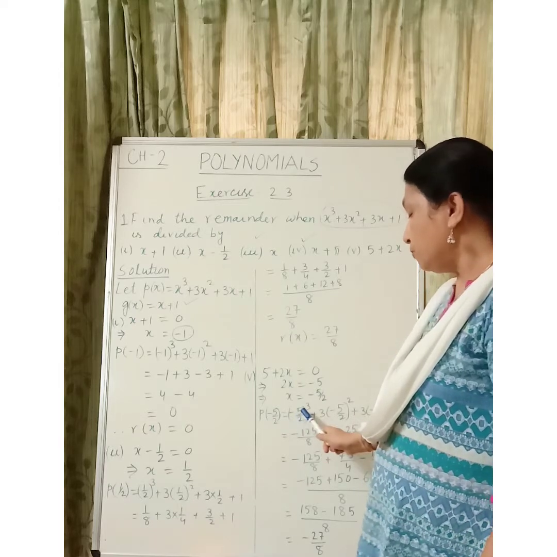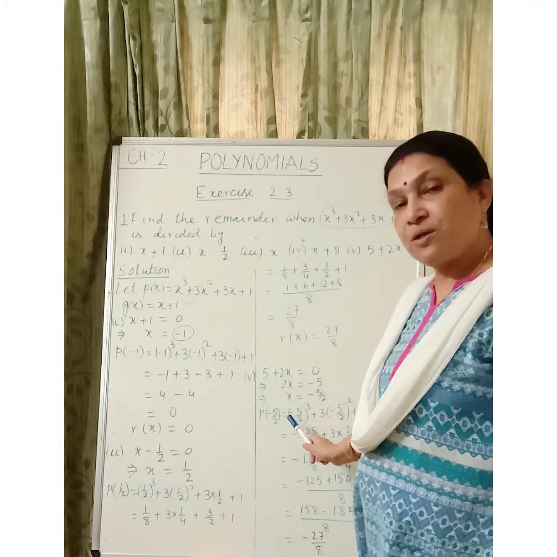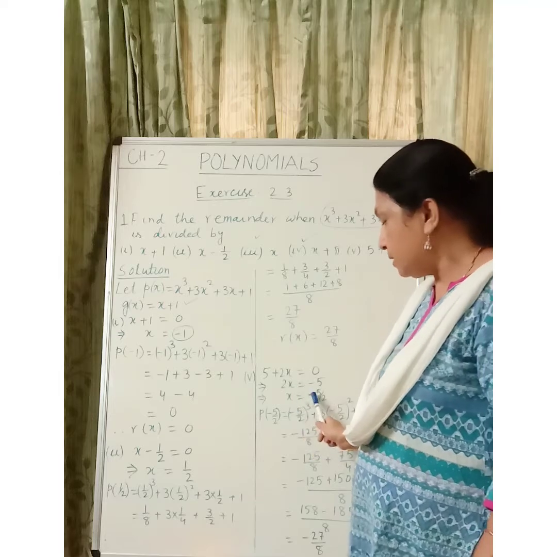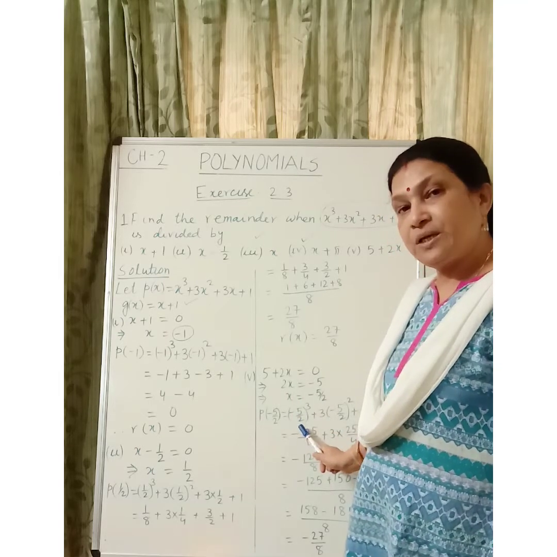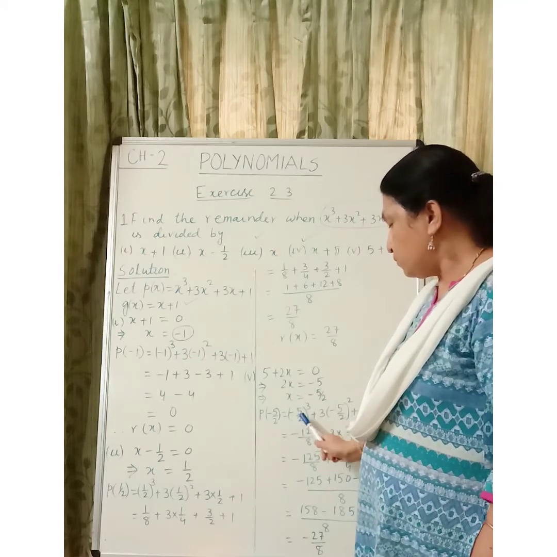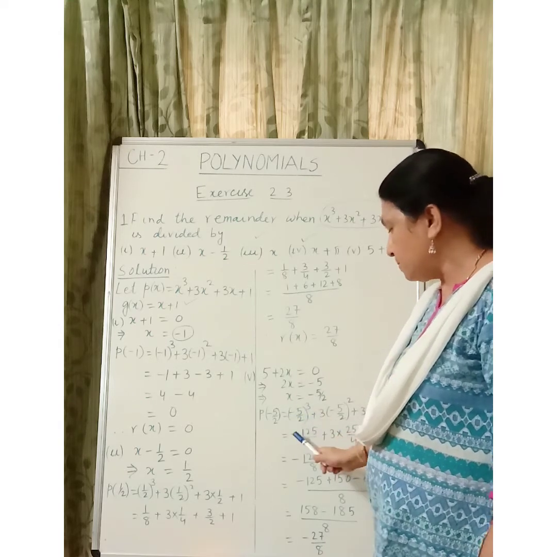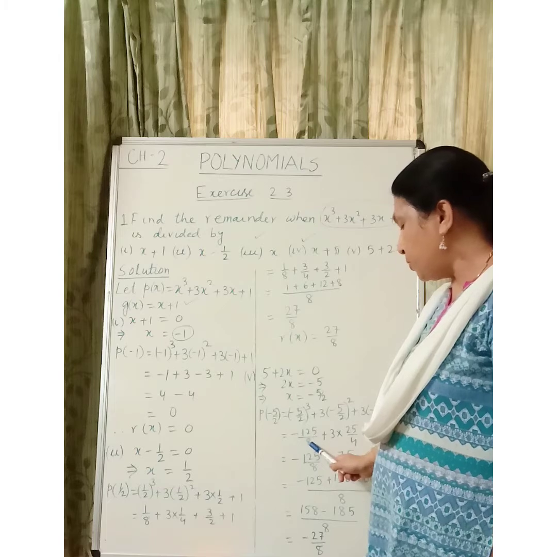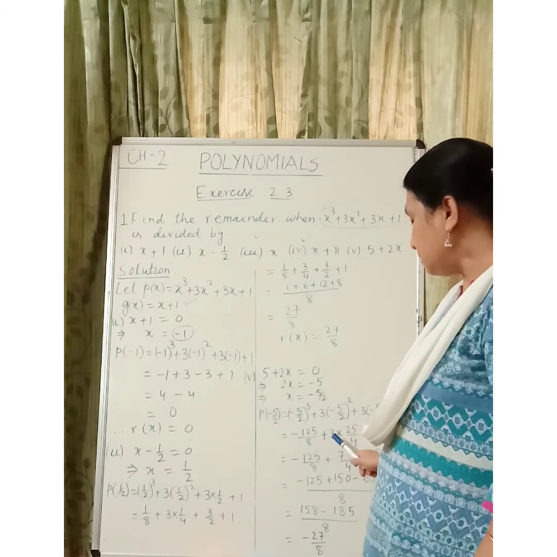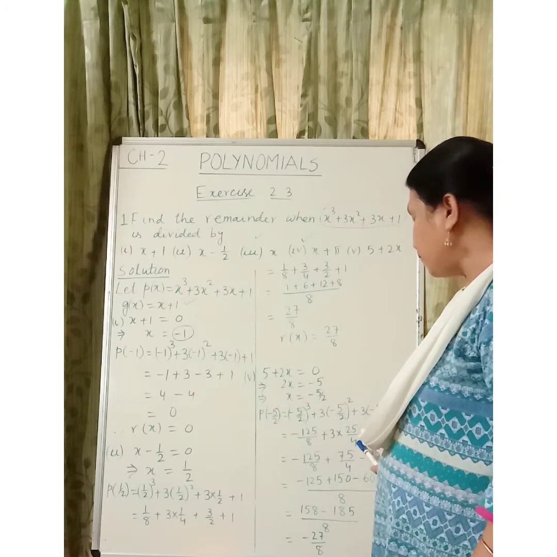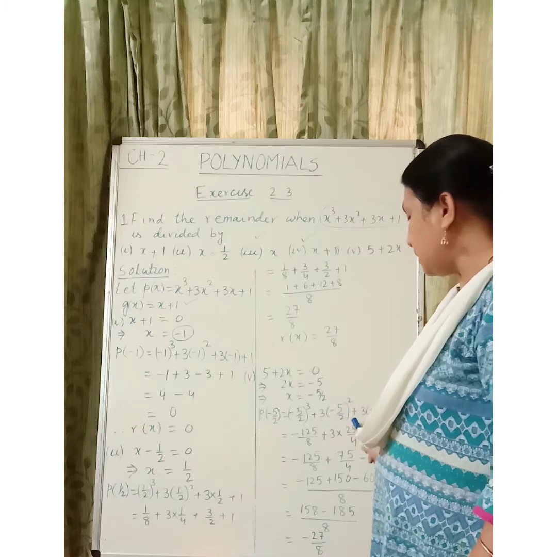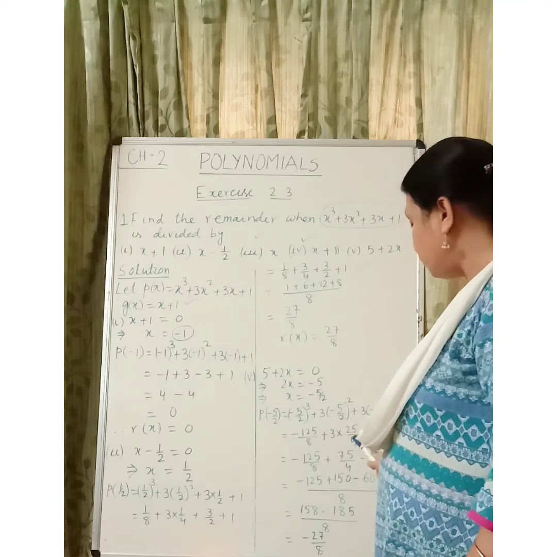So here when we find out the cube of a fraction, it is the cube of the numerator as well as the cube of the denominator. So minus 5 upon 2 whole cube becomes minus 125 upon 8 plus 3 into 25 upon 4. Minus 5 square is 25 upon 4.